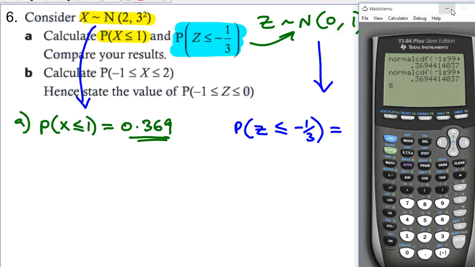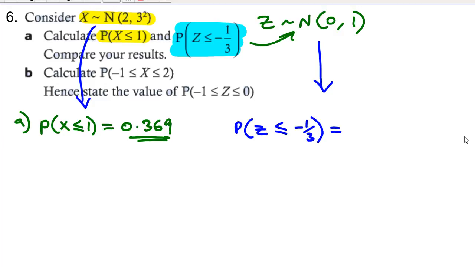You'll end up with the same answer, right? 0.369.